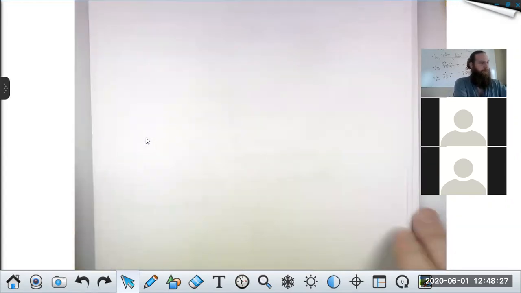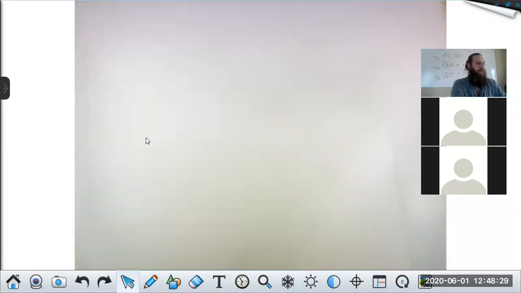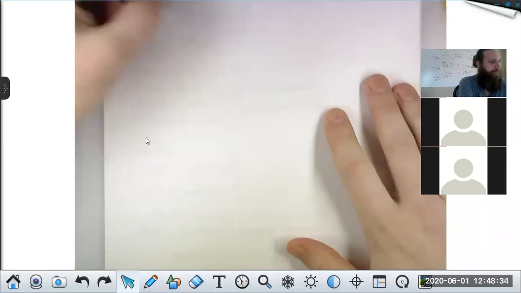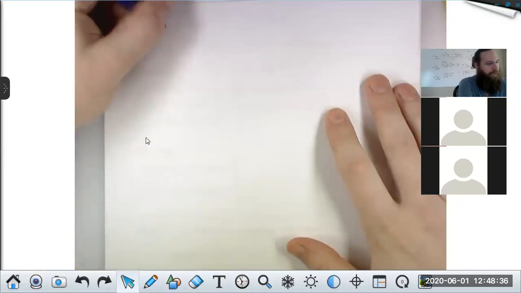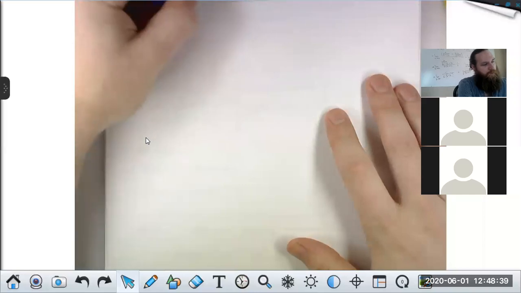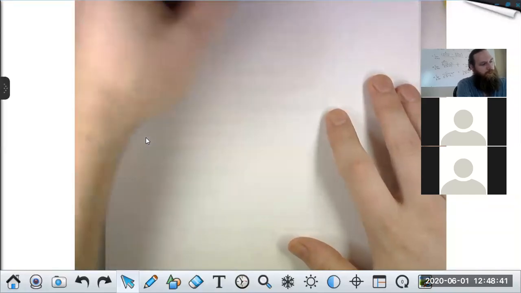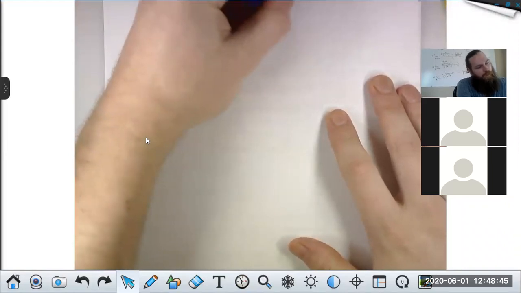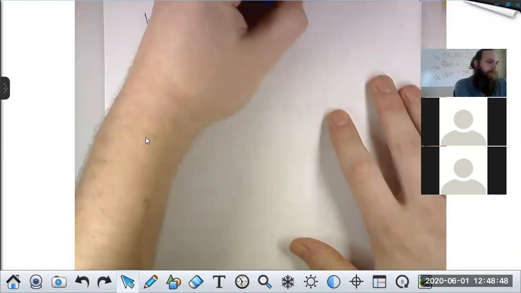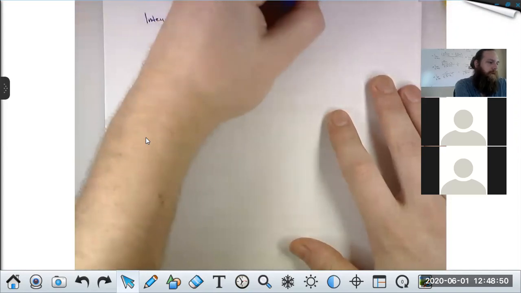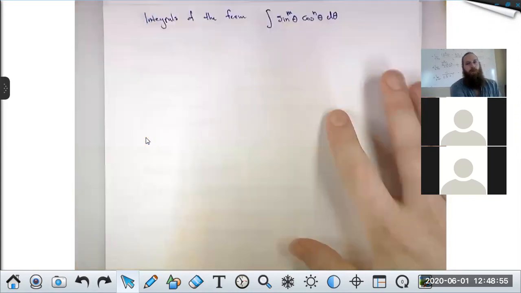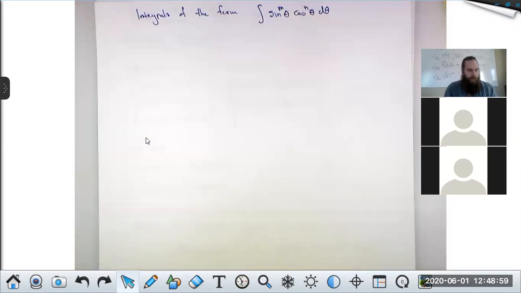So we're going to talk about integrals of the form sine to the m of theta times cos to the n of theta d theta. I'm going to be a little bit sloppy here and not write the parentheses around the thetas, because there's never anything weird going on here.